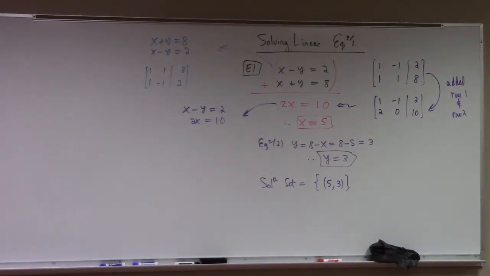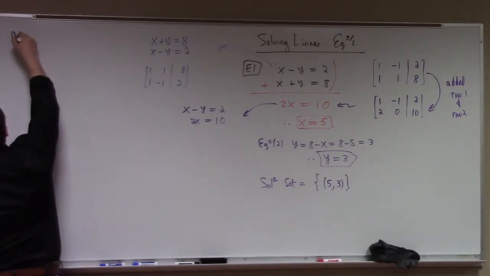The game we play with Gaussian elimination is to use elementary row operations to manipulate the matrix into what's called reduced row echelon form. I'm going to show you some examples of that. But first things first, definition.